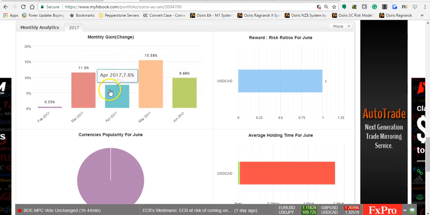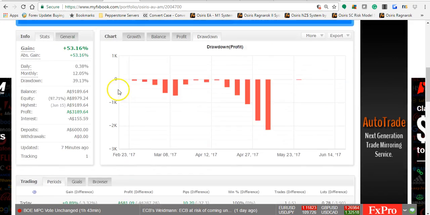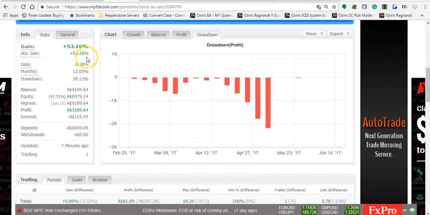We'll say three and a half months, because we are only 15 days into June. So in 3.5 months we have generated 53.16% with a 39.13% drawdown this week, used as a measure of risk.